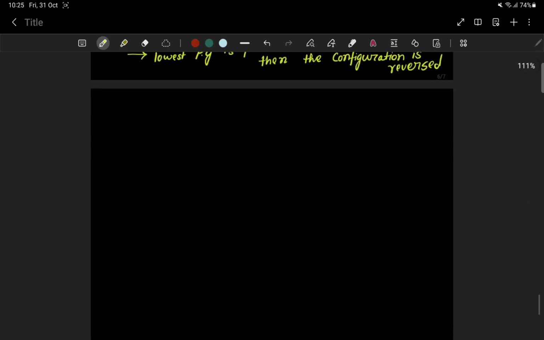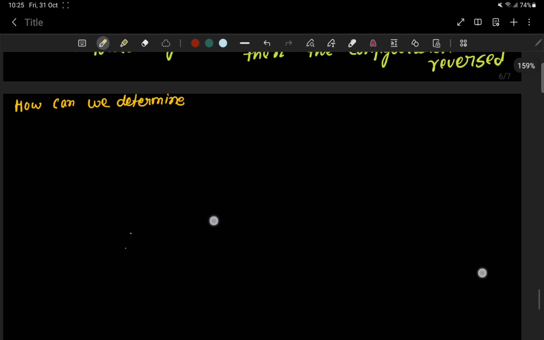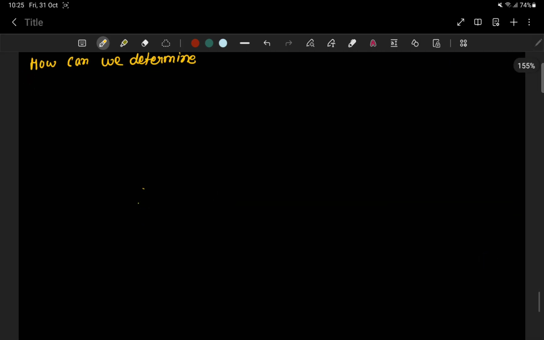So moving to the next topic. Let me give some more examples to you. Now, how can we determine this lowest priority group? This is the biggest question.